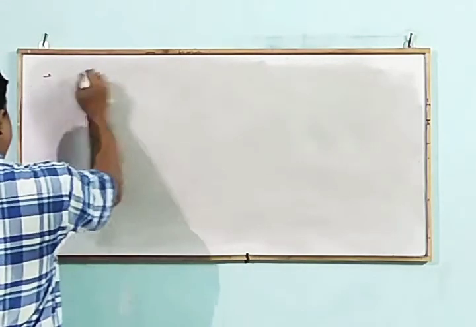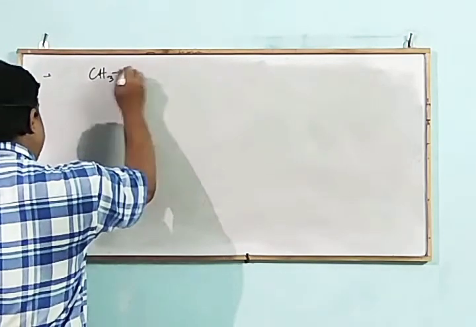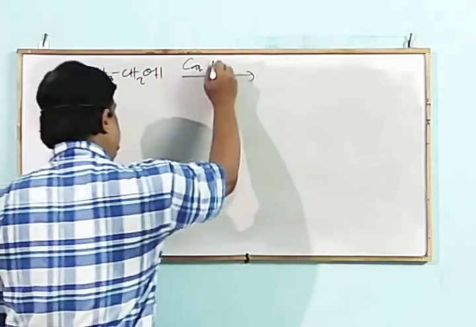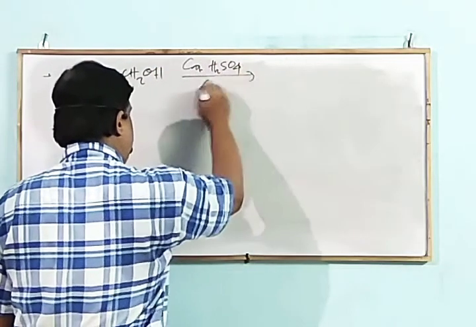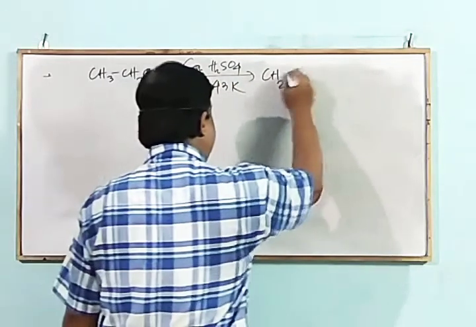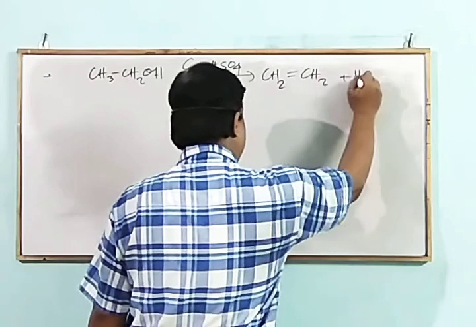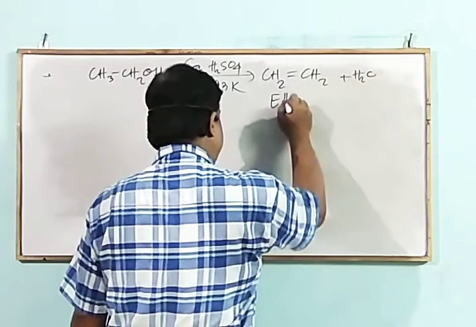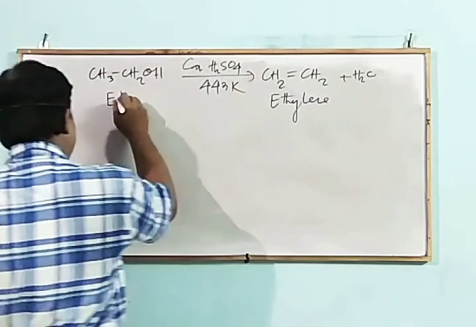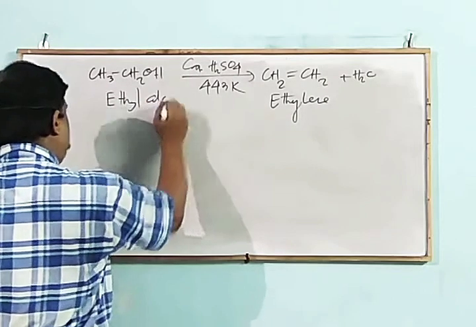Ethyl alcohol, that is CH3CH2OH, with concentrated sulfuric acid at 443 Kelvin gets dehydrated, resulting in the formation of ethylene.